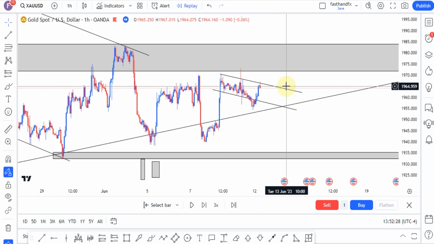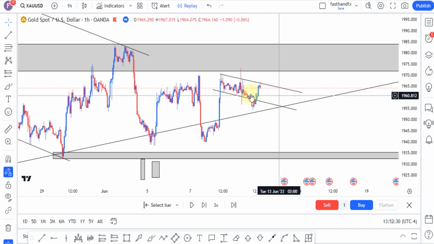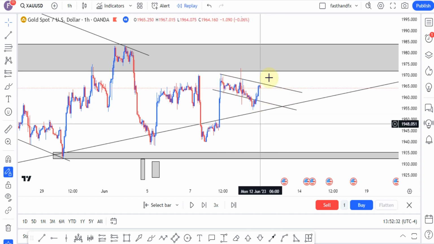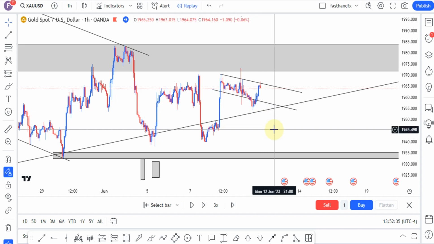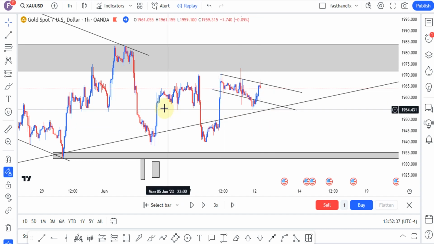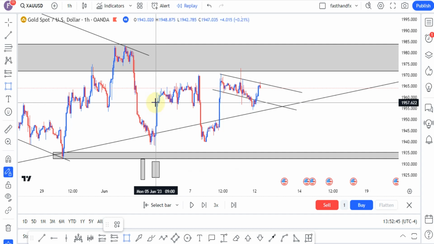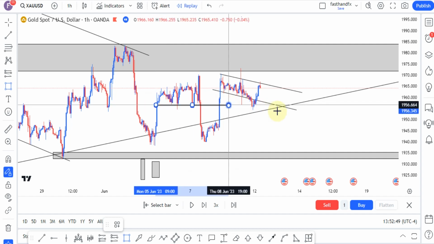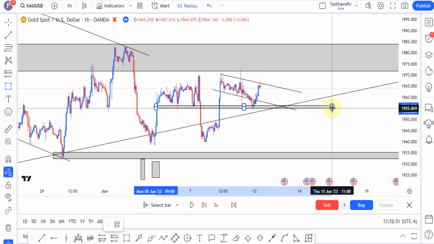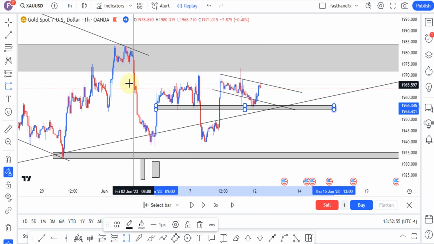If it breaks below this area, we should be looking for opportunities to sell. And we have this area down here that the market has been playing around for a long time, and it has not been able to break below it. The market has respected this area for a very long time. And we have this one.